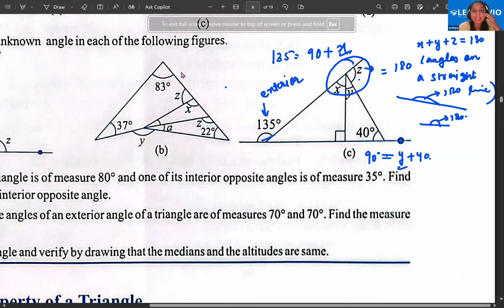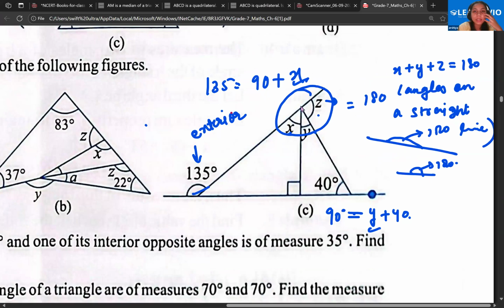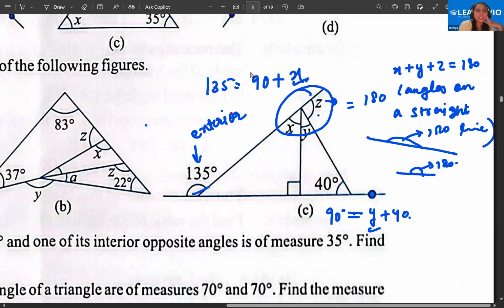We have to find the missing angles using what? Exterior angle properties. What is the exterior angle property? An angle that is outside the triangle. And what does the property say? What does the property mean?